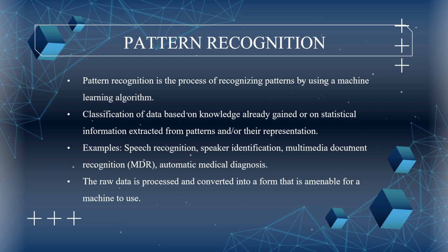The examples of pattern recognition include speech recognition, speech identification, multimedia document recognition, automatic medical diagnosis, etc. One of the important aspects of pattern recognition is its application potential. In a typical pattern recognition application, the raw data is processed and converted into a form that is amenable for a machine to use.